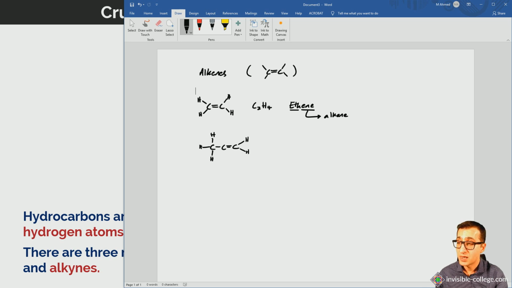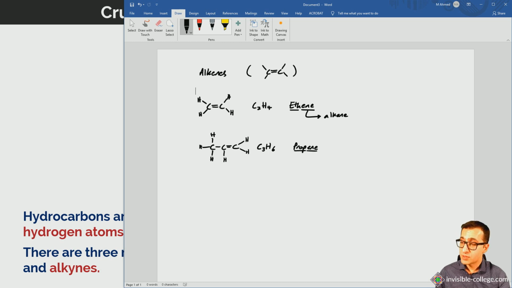This carbon here has 2 bonds here and 1 bond here, so the remaining bond is to a hydrogen atom. So this is referred to as propene, prop for 3 carbons, and ene because it's an alkene. So the formula for this is going to be C3H6.